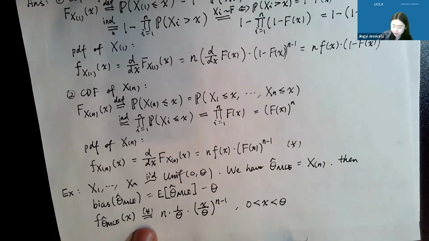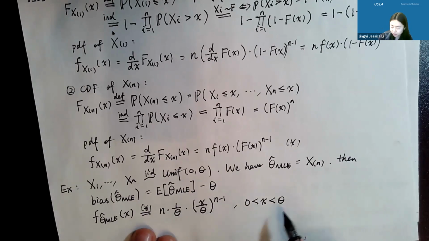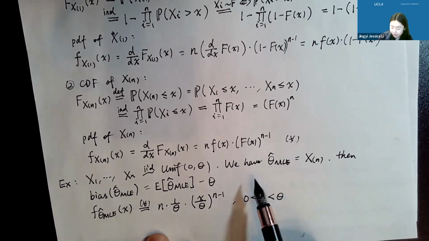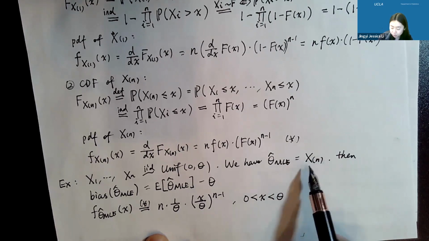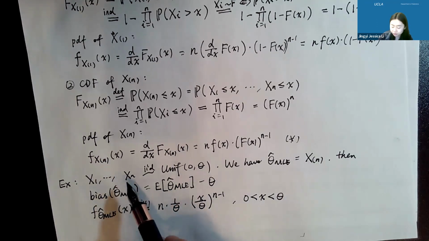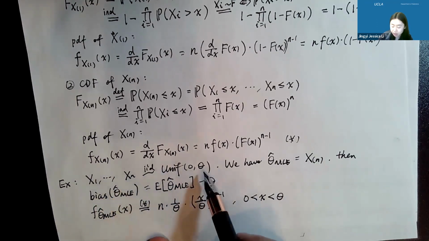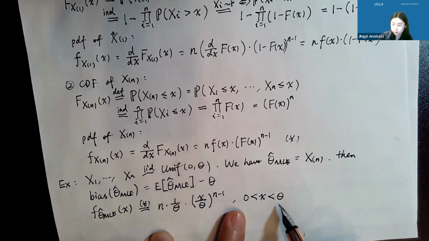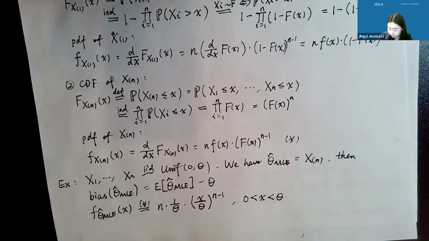For such x, I would have the density in this way. Otherwise, for x out of this range, it should be equal to 0. This actually makes sense since the maximum is based on a random sample from this distribution. Since every value here cannot be larger than theta or less than 0, the maximum must also be between 0 and theta. So that makes sense.